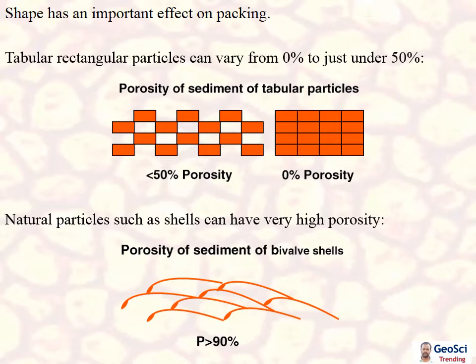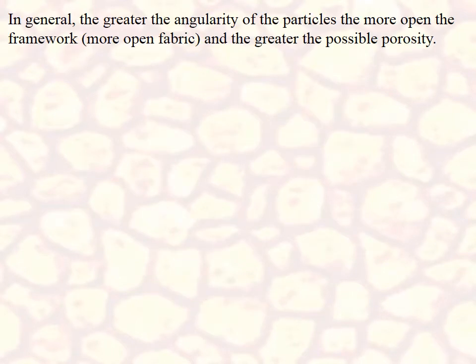This is based on the different color variation you can see. Natural particles such as shells can have very high porosity. The porosity of sediment of bivalve shells is very high. In general, the greater the angularity of particles, the more open the framework and the greater the possible porosity.